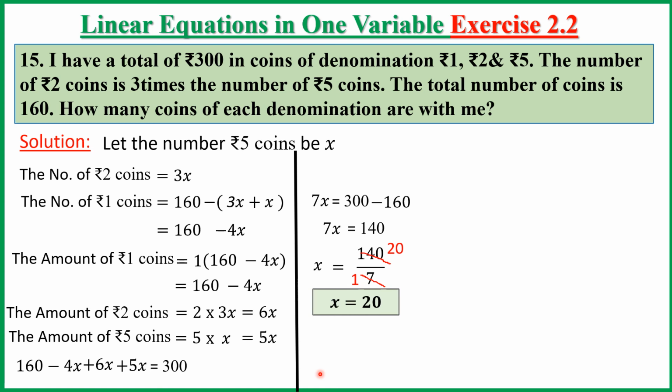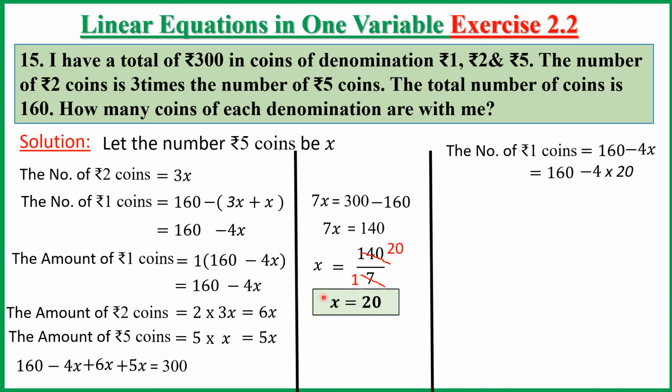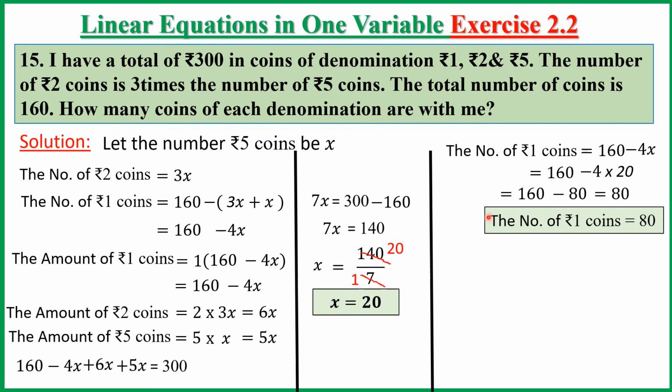Now we have the value for x. Now we can find the denominations. So the number of 1 rupee coins, how much do we have? 160 minus 4x. We have the value of x. So 160 minus 4 into 20. That is 160 minus 80, which is equal to 80.